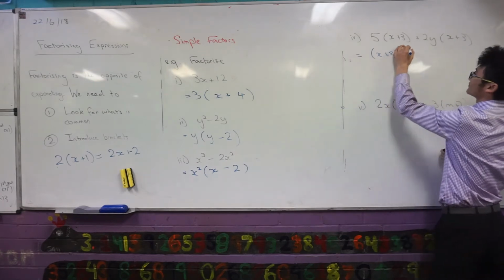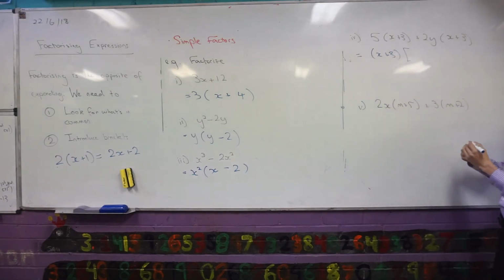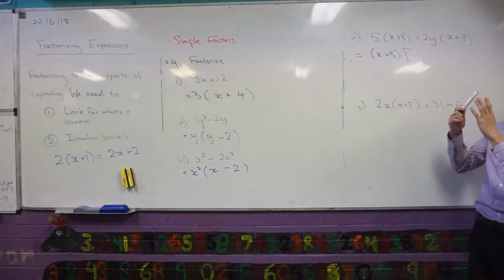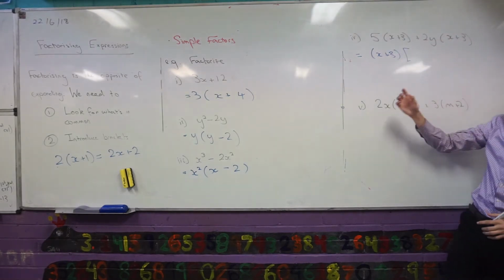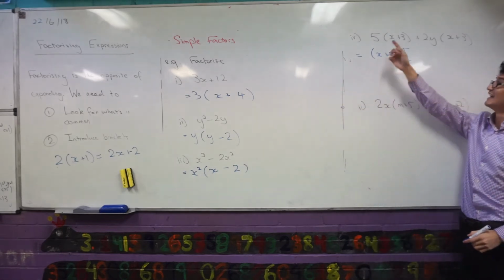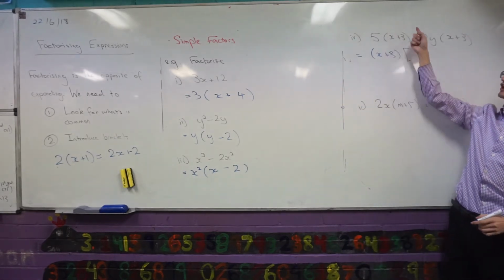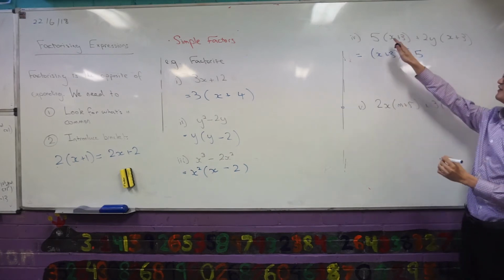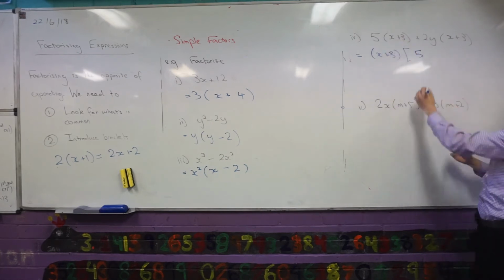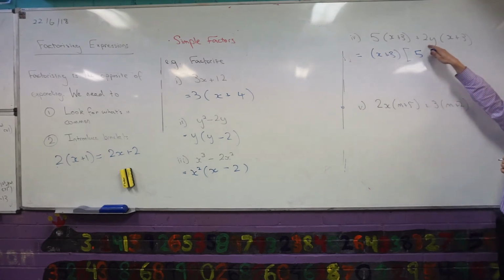Okay. Now I'm going to do slightly different brackets here, just to show you what's actually happening. When you take out something that's in common, what you're actually doing is dividing, okay? If I take out x plus 3 from this term here, what do I get left with? 5, right? Because this is just 5 multiplied by x plus 3. And then what would I get left with here? I get left with 2y, right?